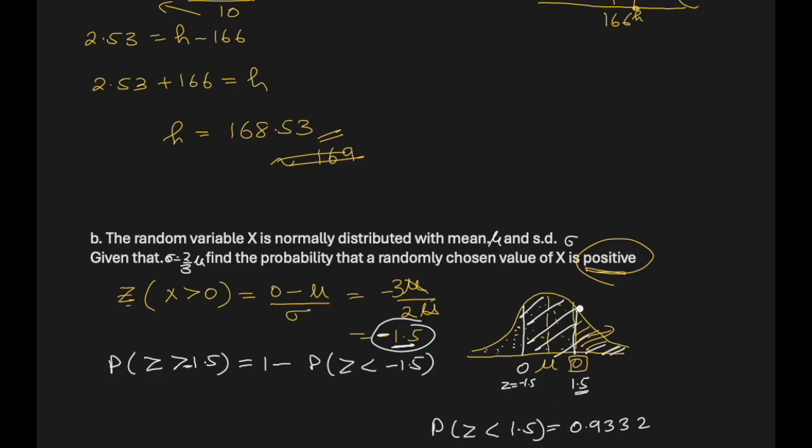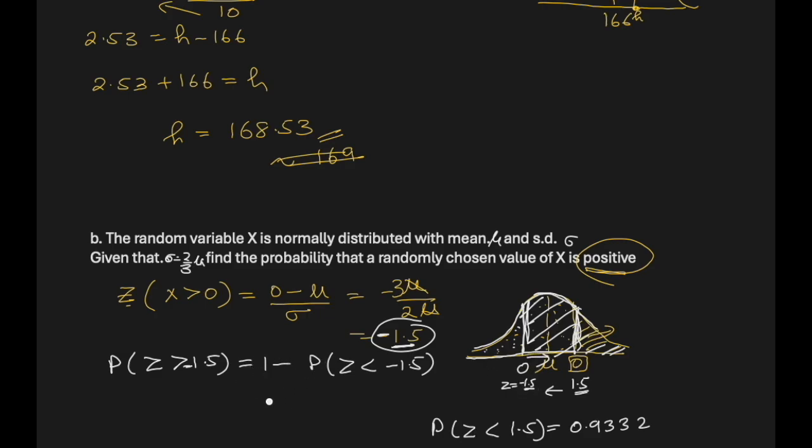That means from here, this whole area is 0.9332. But I wanted this and more. Don't you think it is a reflection of whatever I got of this one? Yes, the same area is this: positive 1.5 and less is the same as negative 1.5 and more.